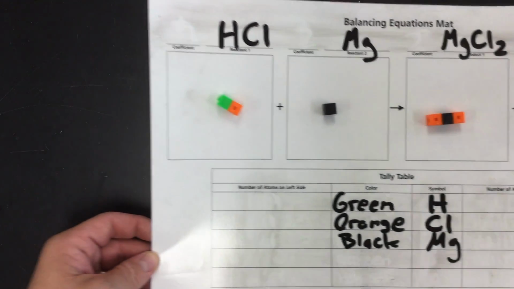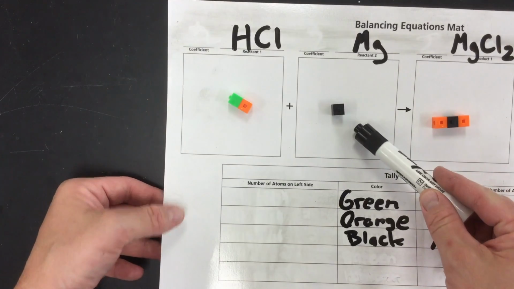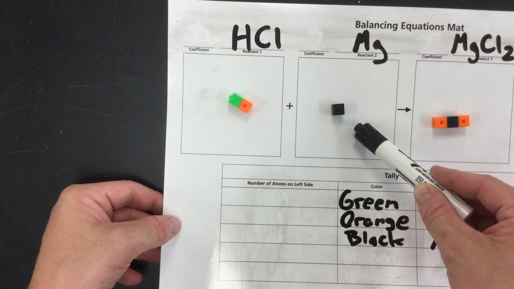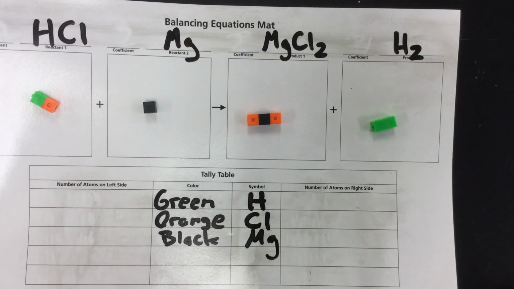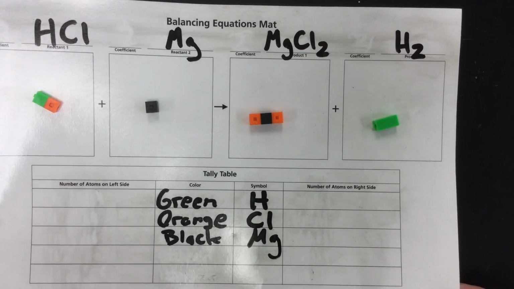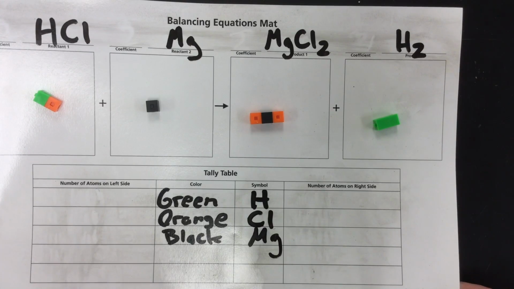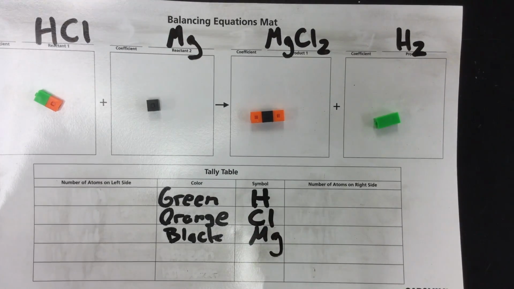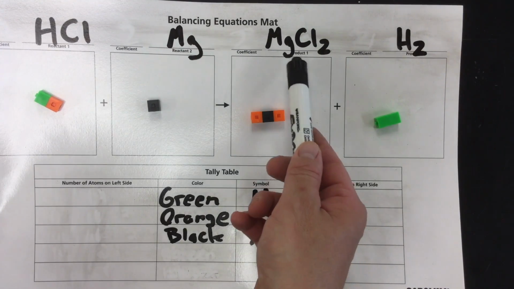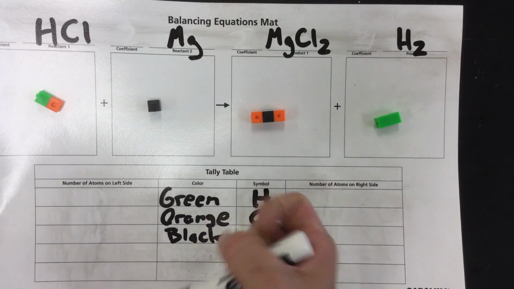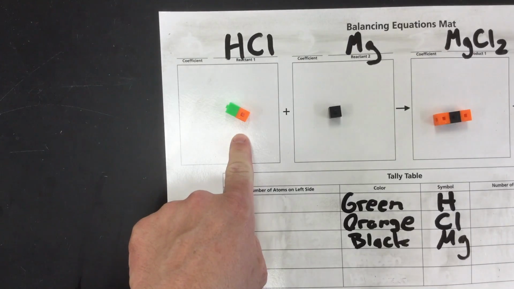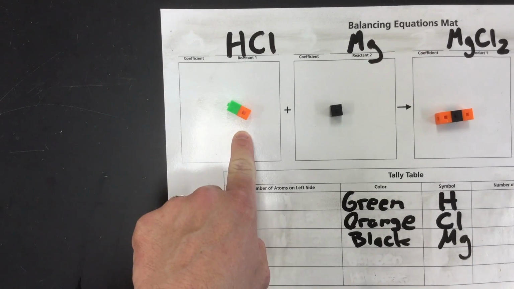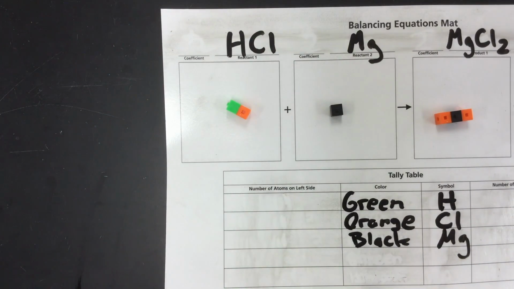If we take a look at magnesium, we have one magnesium atom in the reactants and one magnesium atom in the products. So magnesium right now is balanced. If you look at chlorine, we have 2 atoms of chlorine in the products, 1, 2. However, we only have 1 atom of chlorine in the reactants. So we need to change that.